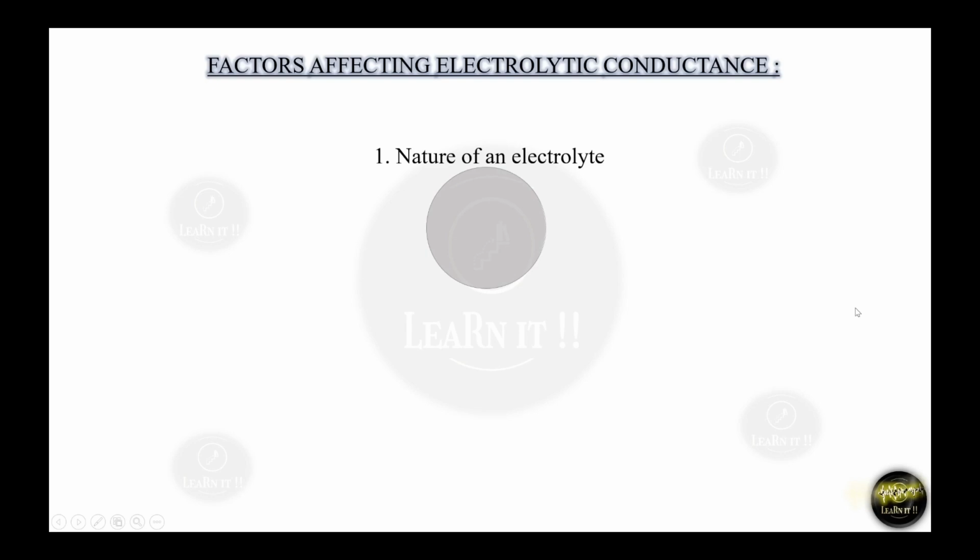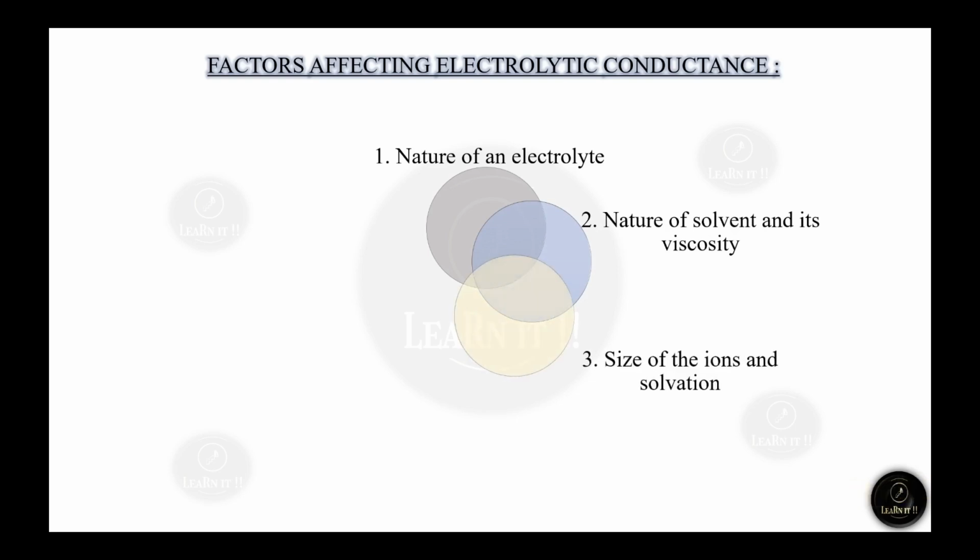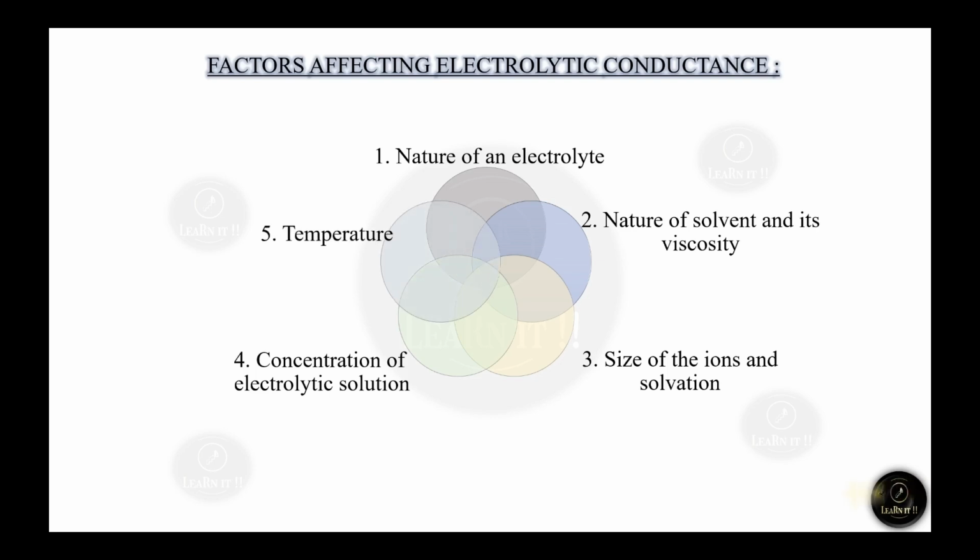First one is nature of electrolyte. Second one is nature of solvent and its viscosity. Third one is size of the ions and solvation. Fourth one is concentration of an electrolytic solution. Fifth one is temperature.